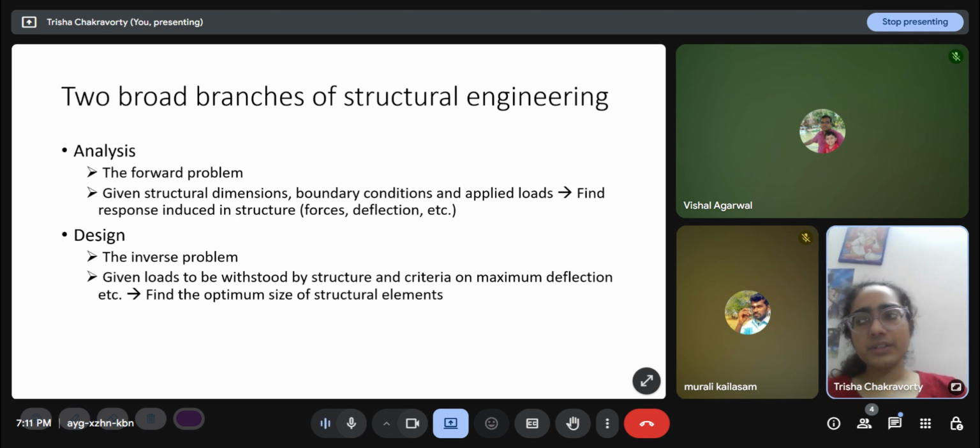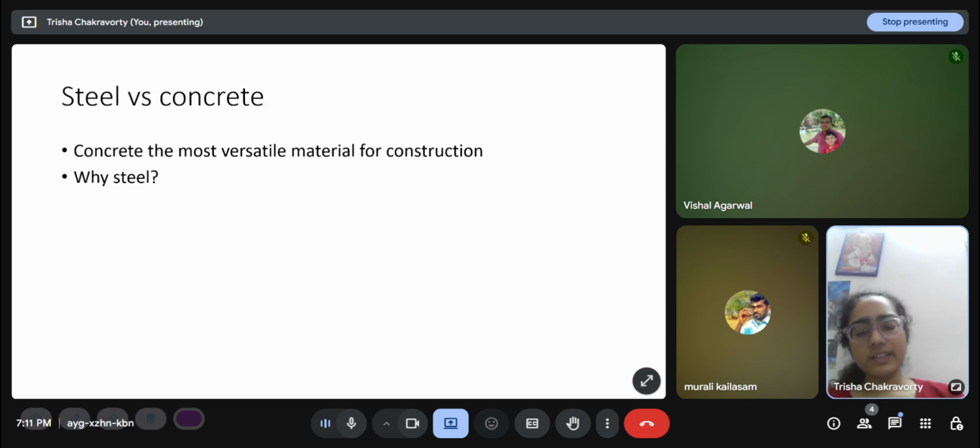Generally we use two materials, concrete and steel. Concrete is the most versatile material for construction, and you would already have undergone a UG course, design of RC structures, reinforced cement concrete. The reinforcement is there because concrete has very little or almost no strength in tension.